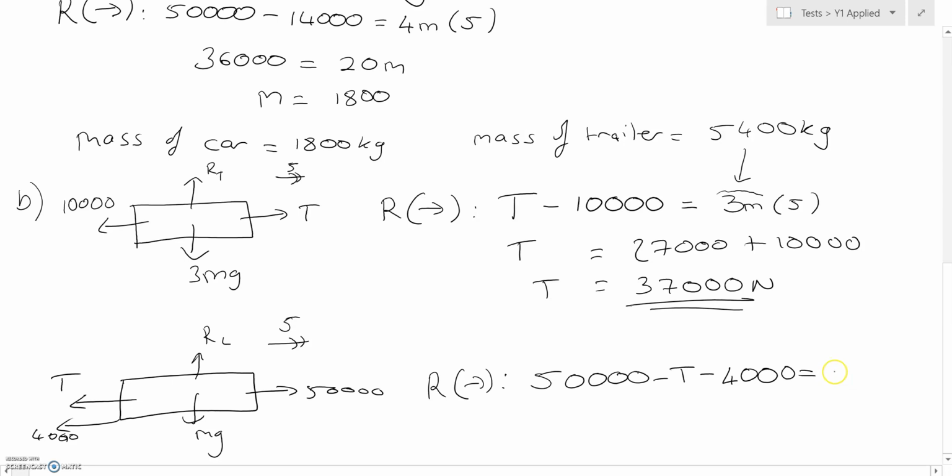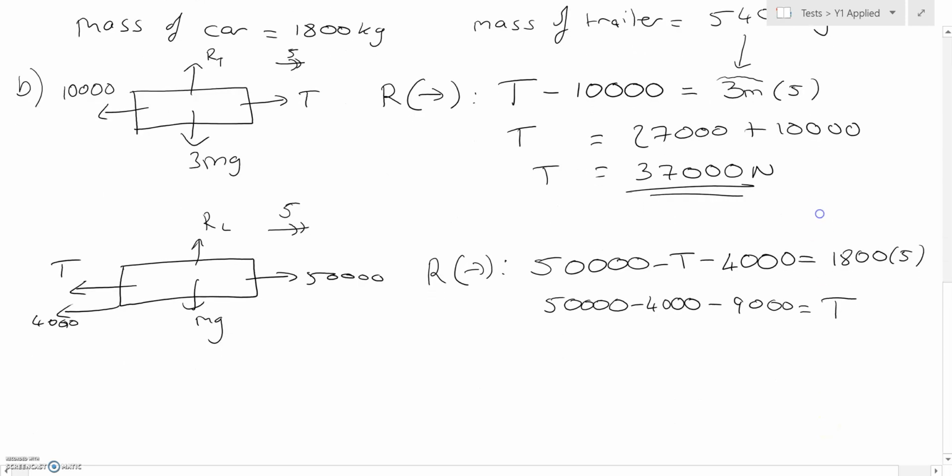And that's equal to mass, which was 1800, times acceleration, which was 5. Bringing the T over to the right, it's going to be 50,000 minus 4,000 minus 9,000, which is 5 times 1800. If you put that in your calculator, you should get 37,000 as T. So it doesn't matter which particle you look at, you're still going to get the same answer.